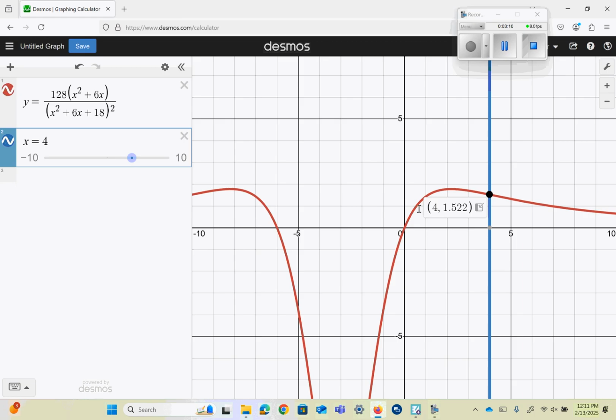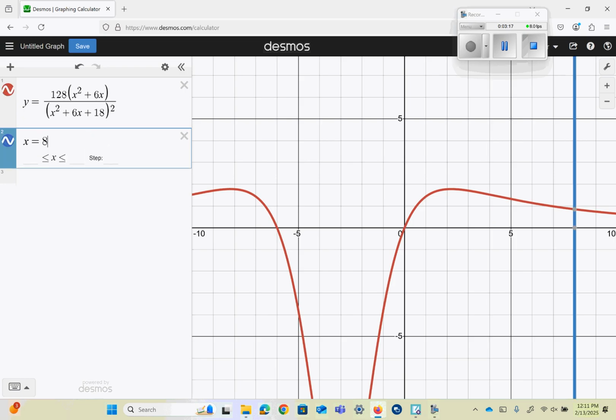Then we want to know what takes place if we approach 8 from the negative side. Because the graph is continuous from both sides, the limit exists at that point regardless of going from the left or the right. So it's 0.84828.